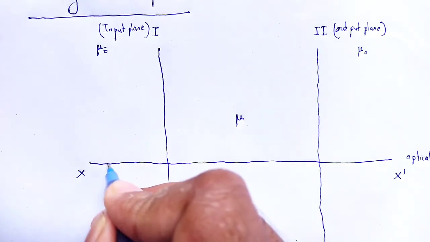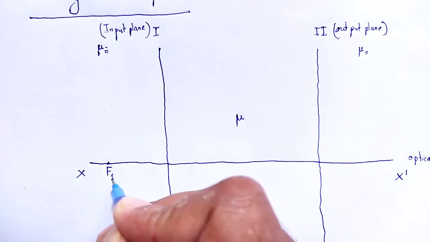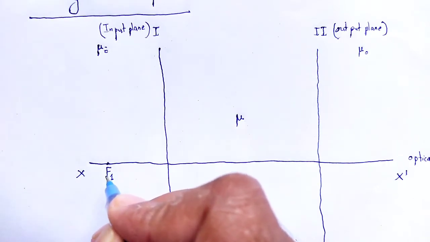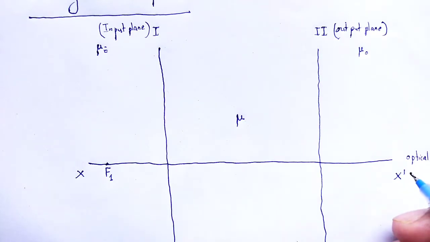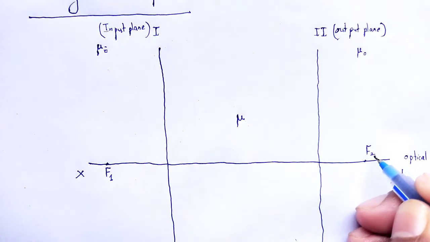Let F1 be the first focal point and F2 be the second focal point.